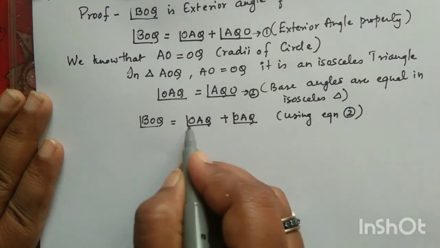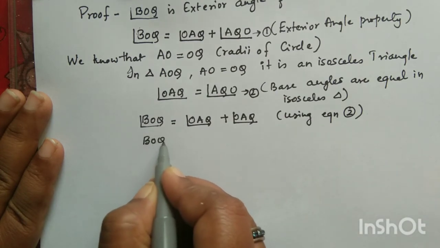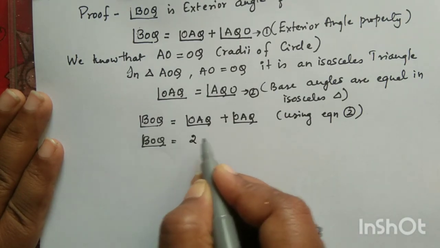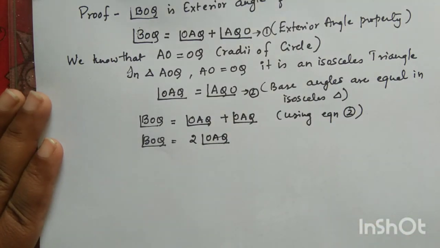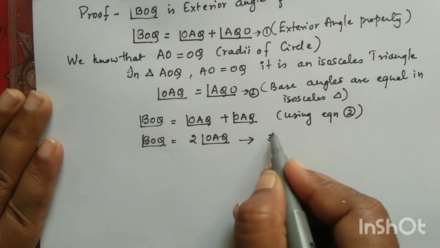So now this is twice of it. So I can write BOQ is equal to twice of angle OAQ. Give this as equation 3.